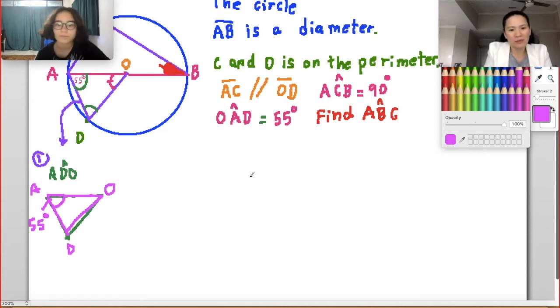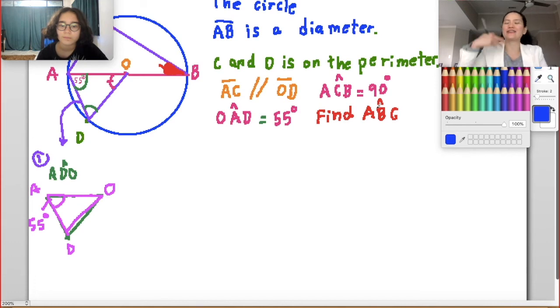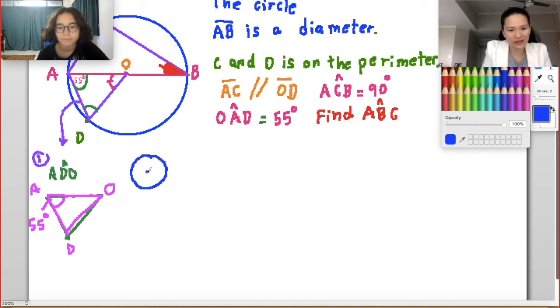Okay. But one thing that you need to know is the quality. It's like a characteristic of the circle. Can you see that this one is a circle? Here is the center. And radians. Layla, do you remember that all the radians have to be the same, yeah? The same. So that means this one and this one is same. Okay.